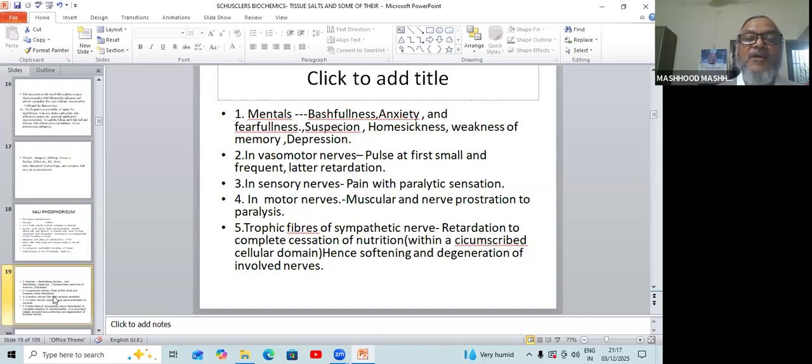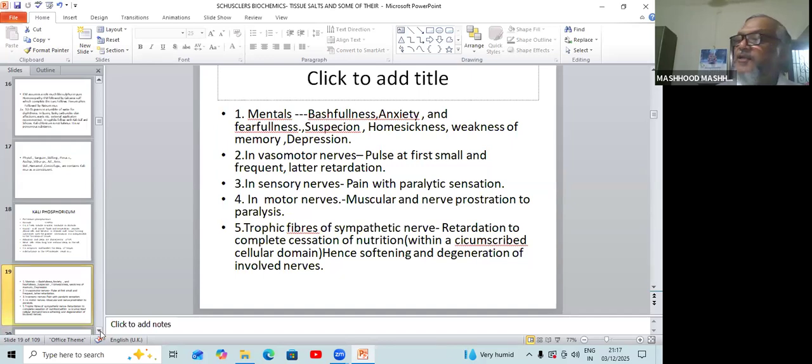See with this one, within a circumscribed cellular domain, retardation to the complete cessation of the nutrition of that part. That is why it is very important in neurological cases, for defective neurons, where we can think of Kali phos, which in the minutest form of these molecules will recover that area certainly.